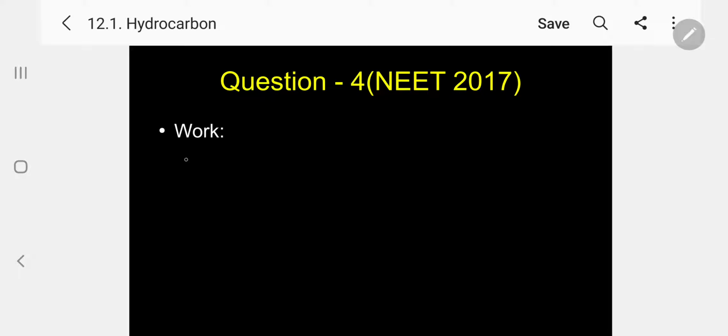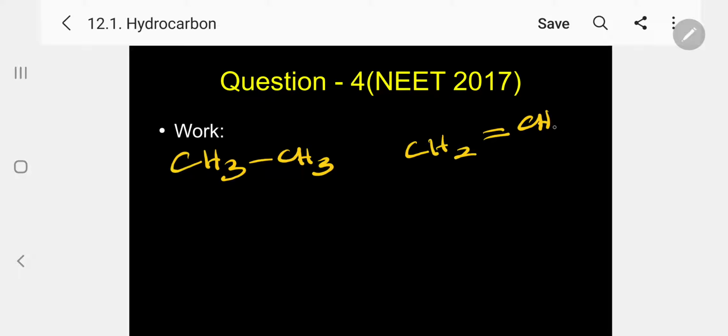The first one is the alkane, CH3CH3, ethane. The second one is ethylene. The third one is 1-propyne. And the fourth is acetylene.